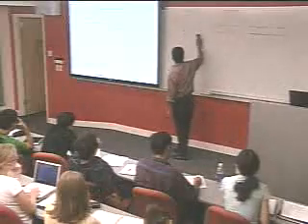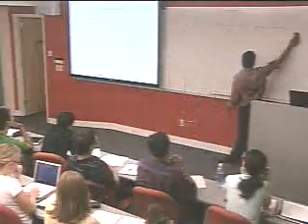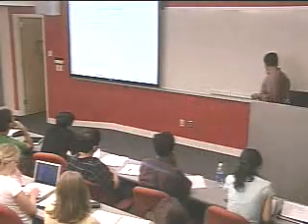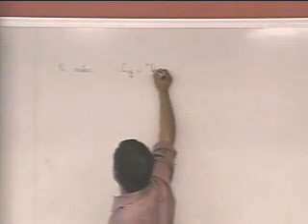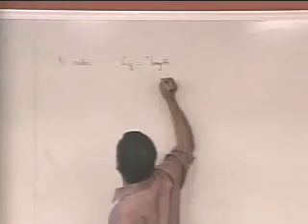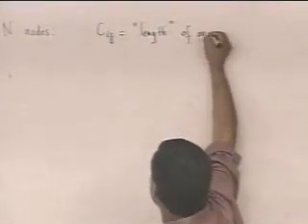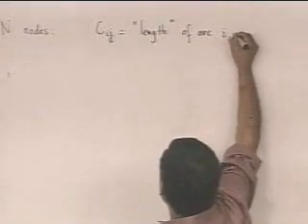So here, for the first time, stages are not clear. It's not clear to me how to define stages. The statement of the problem is that you've got n nodes, and let Cij be the length, and the length is in quotes because I'm allowing the possibility that Cij is negative, of the arc ij.